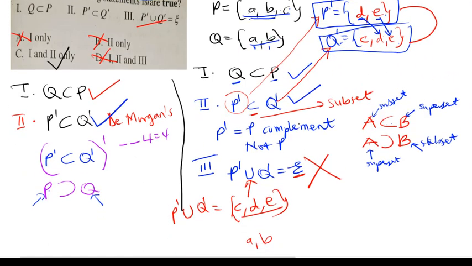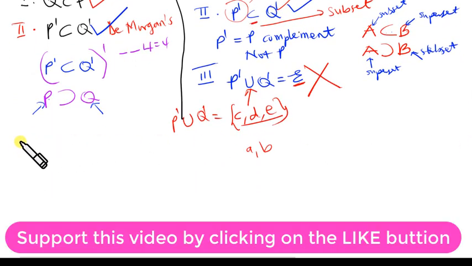So the third one also says that P complement union Q complement is equal to the universal set. I don't want to find this complement because I wasn't given any set called complement. I was given the set P and the set Q. So how do I do that? By applying De Morgan's law.